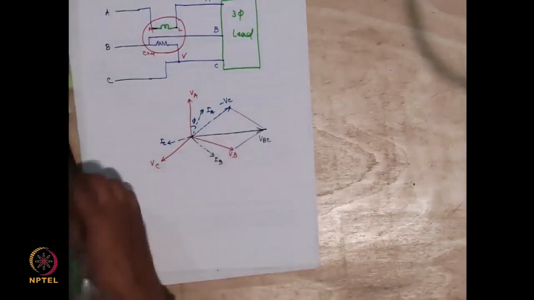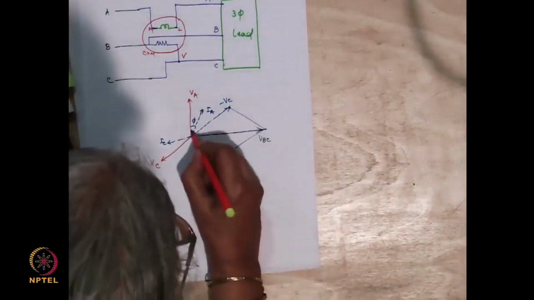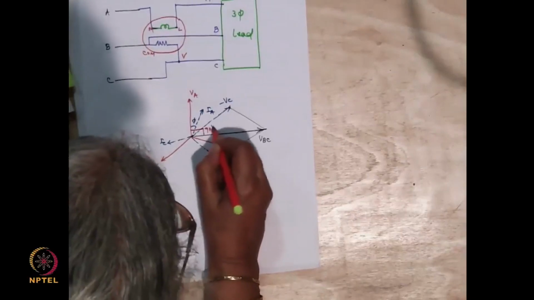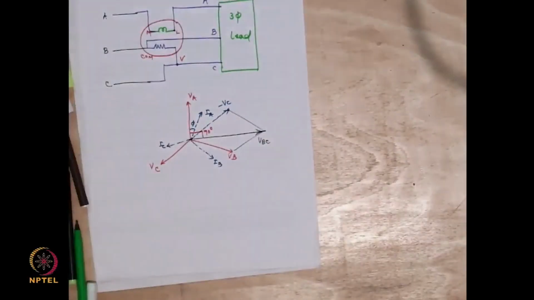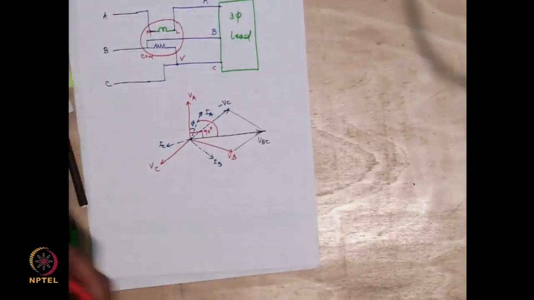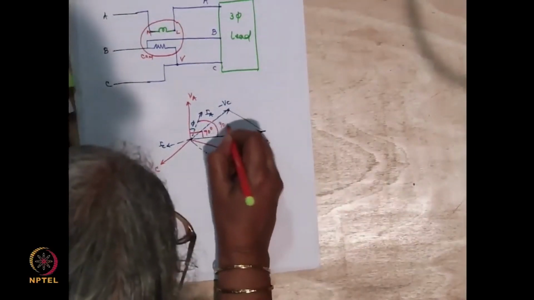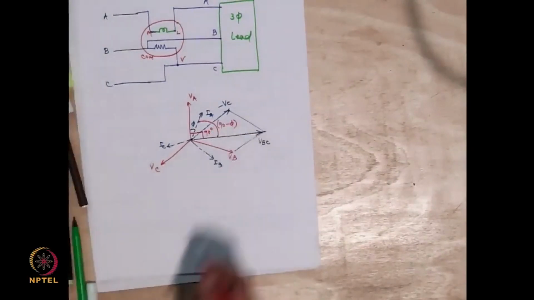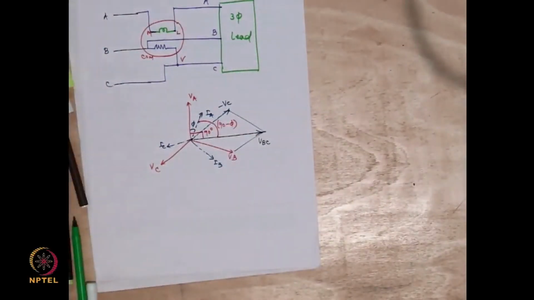This is 90 degrees clearly. I hope you understand. This is 90 degrees. Right? So what I am having as the angular difference between IA and VBC is 90 minus phi. Right? So I'm going to get essentially VBC multiplied by IA multiplied by cos of 90 minus phi as the reading I get out of my wattmeter.